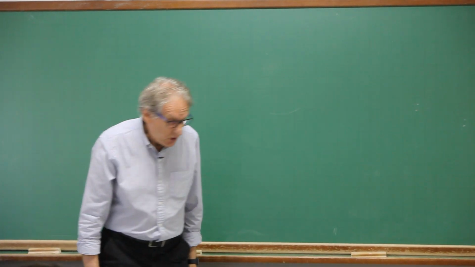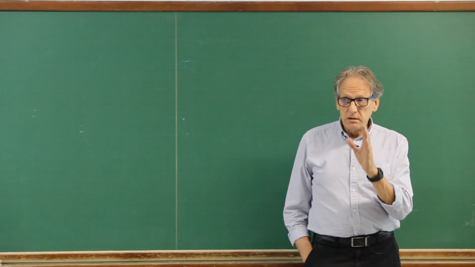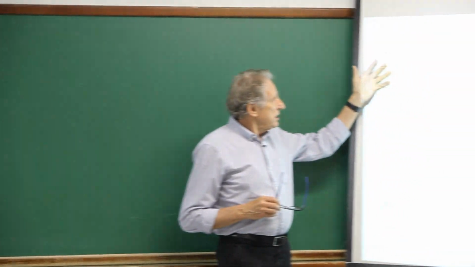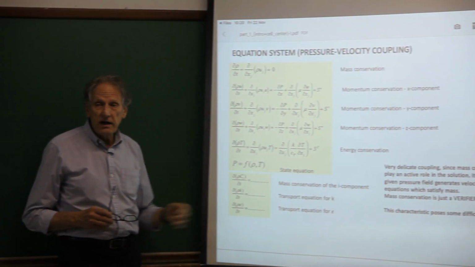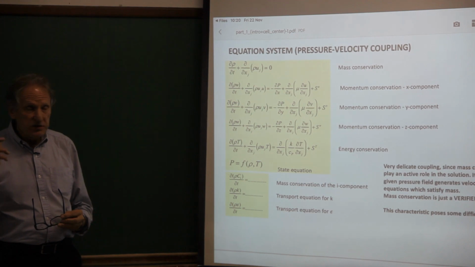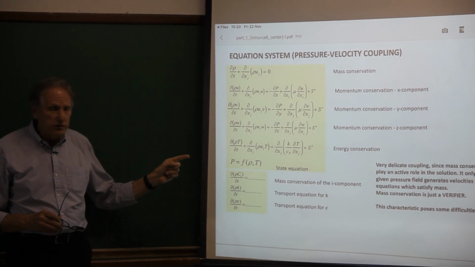Another topic that I want to talk a little bit about, which is still a general topic, is the equation system that we have and how it is related with the pressure velocity coupling. So this is the system of equations that we have to solve.